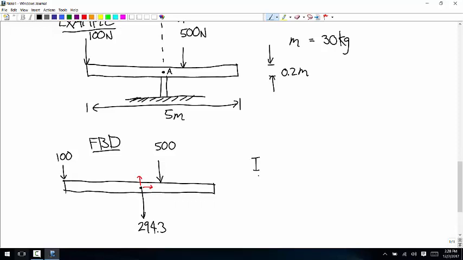So, mass moment of inertia. The axis in this case is at the center of that rectangle, so we're just going to use 1/12 times the mass times 5 squared plus 0.2 squared.